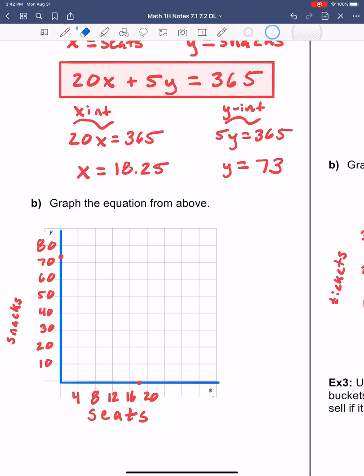Then I can connect these, and that should give me a good idea of the values that I could use to satisfy this $365 requirement. Any xy coordinate on this line would satisfy the $365 requirement that I'm shooting for.